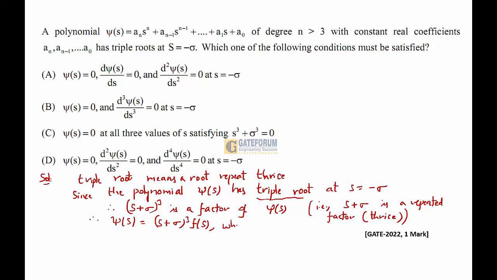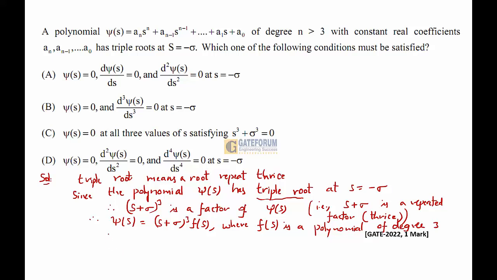Where f of s is a polynomial of degree 3. Okay.